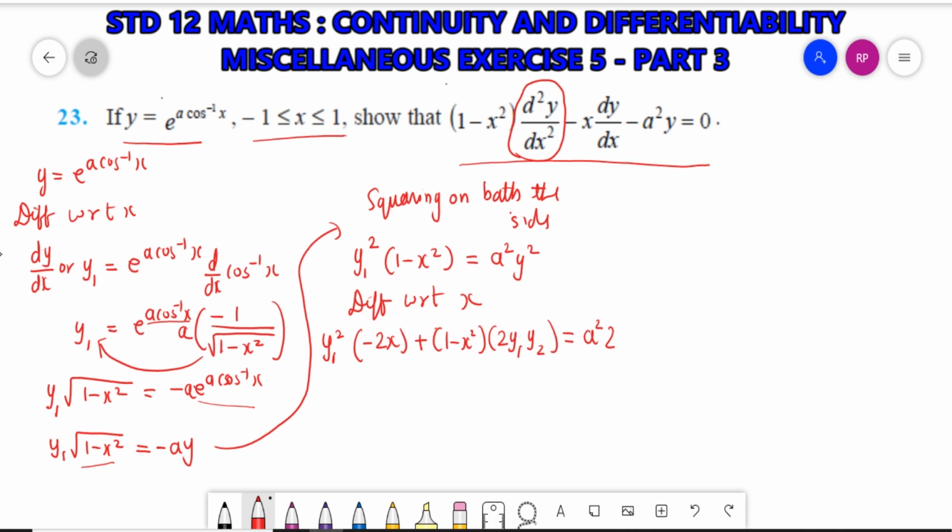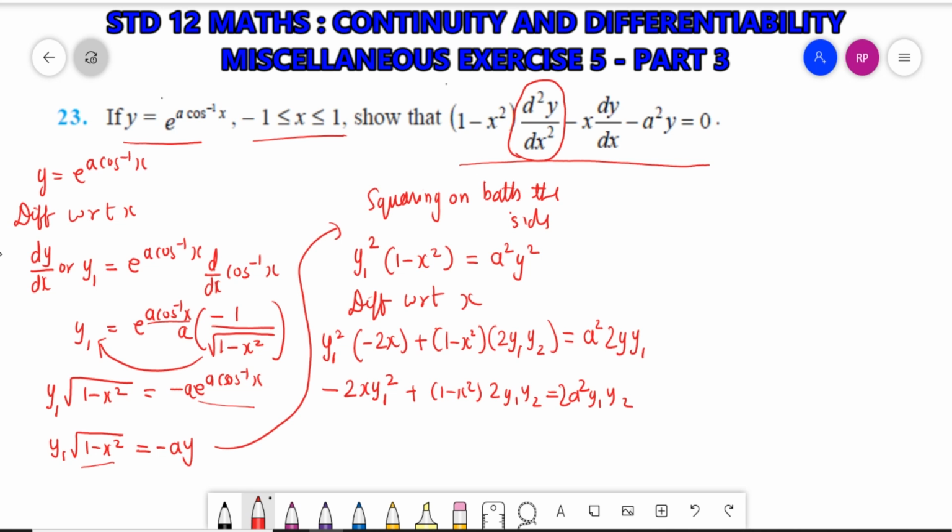Derivative of y square is 2y into d by dx of y, that is y1. So minus 2x y1 square plus 1 minus x square 2y1 y2 equal to 2a square y y1.